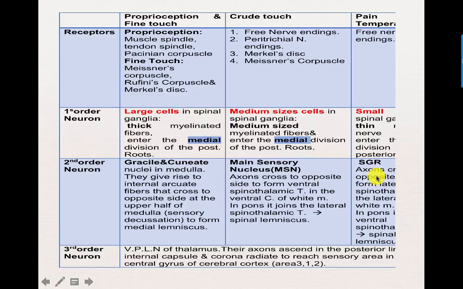And here we have the substantia gelatinosa, whose axons will cross to the other side to form the lateral spinothalamic, and in the pons they join the ventral spinothalamic to form the spinal lemniscus, and the third order neuron is the same.